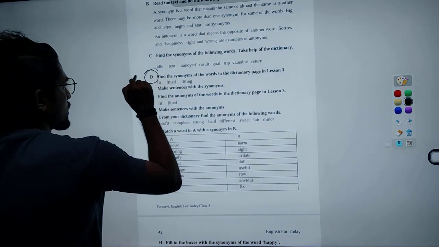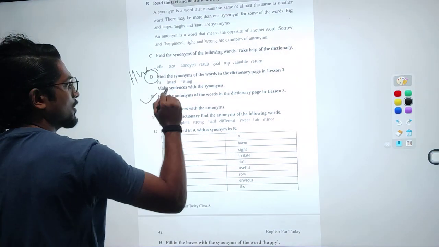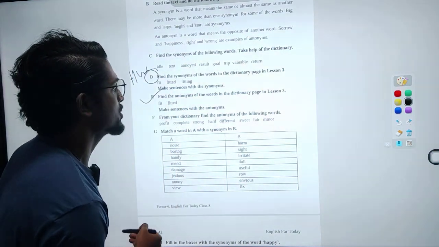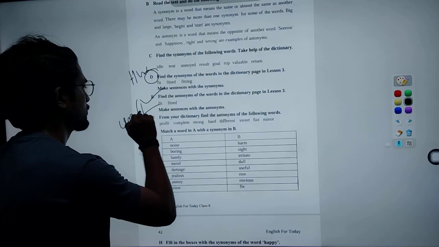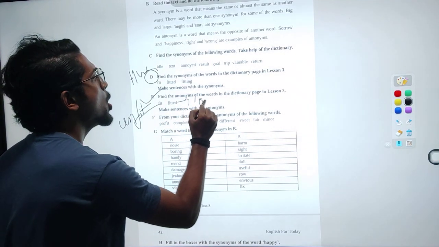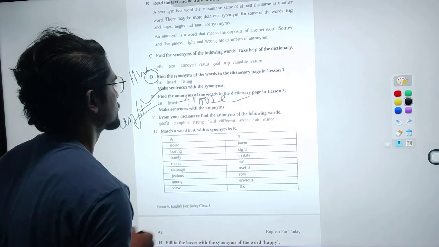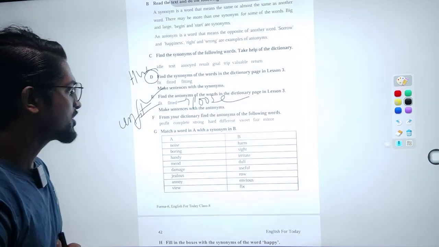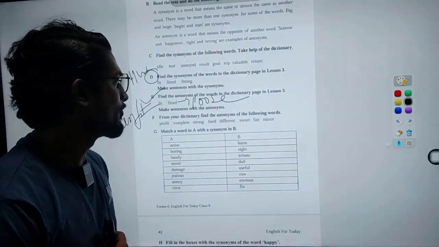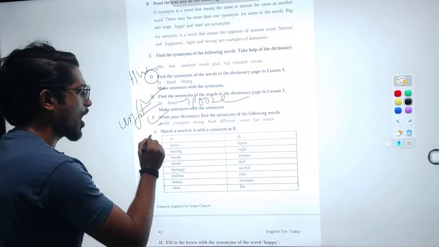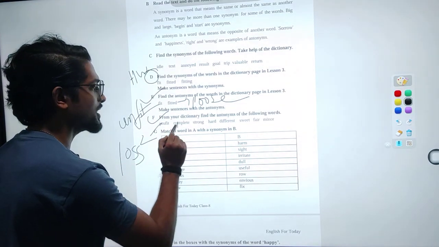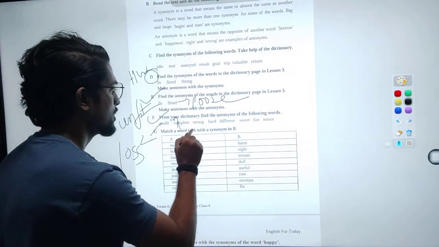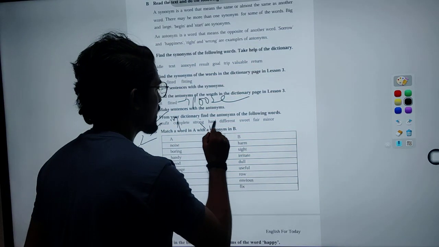So do this at your home. Find the antonyms of the words on the dictionary page in lesson 3. Fit, unfit. Fitted, loose. Okay, from a dictionary, find the antonyms of the following words. Antonym of profit: loss. Complete, incomplete. Strong, weak.